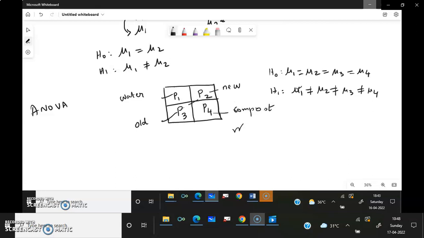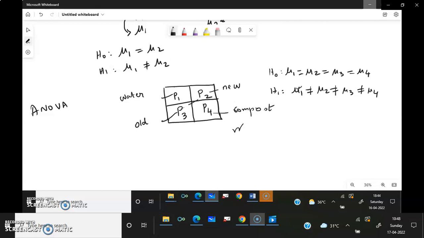The first use is to test the homogeneity of several means. Suppose you are taking k groups. Previously the example was 4 groups. Now, if you are taking k groups and finding the mean of each group, that is a population mean.